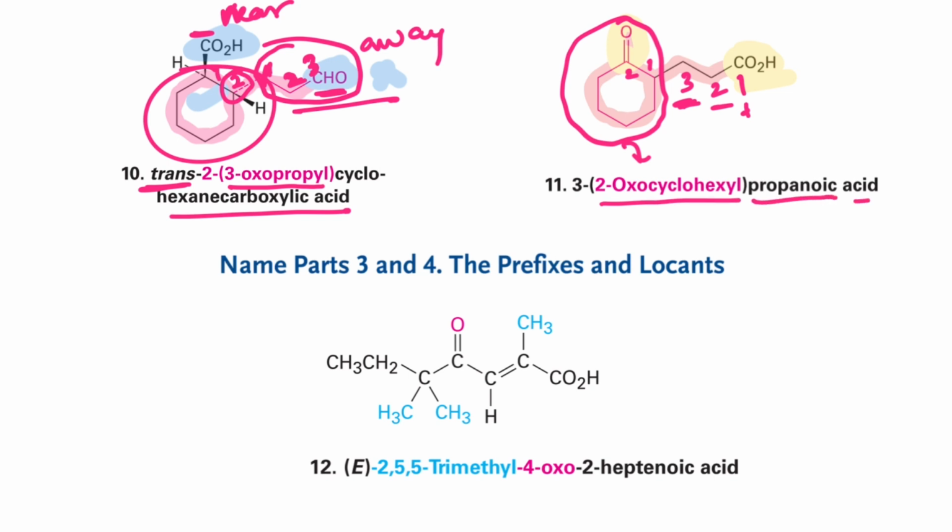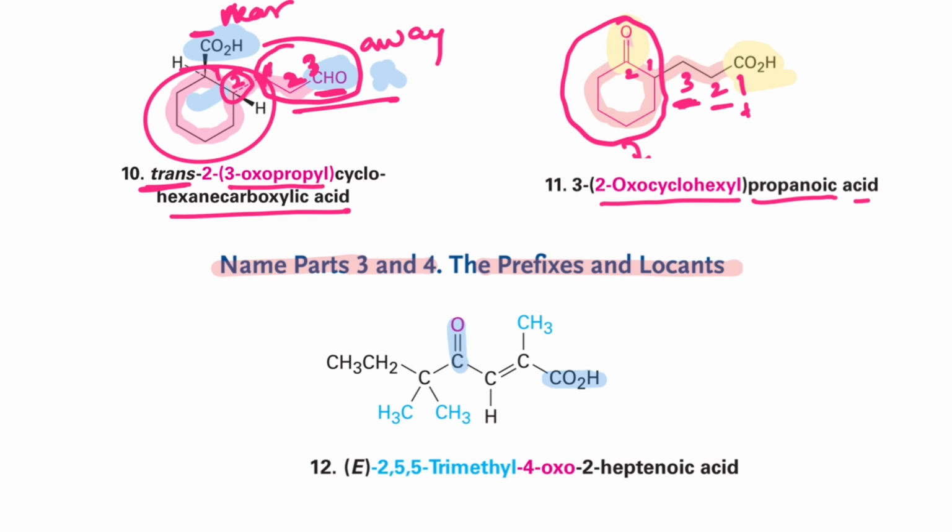Next part, what we have now? Name parts 3 and 4, prefixes and locants. 3 and 4 I am discussing at a time now. Now take one example. In this we have one principal group and another also a principal group, two principal groups are there.